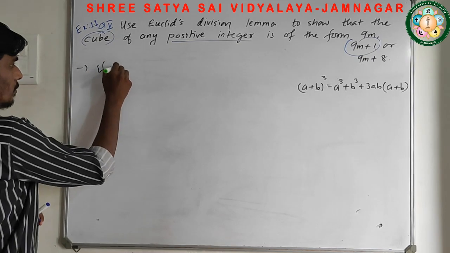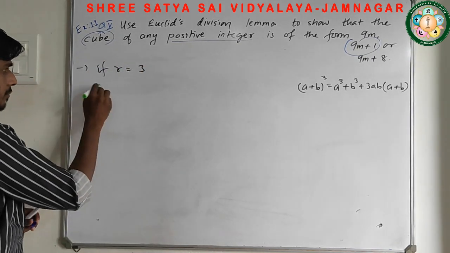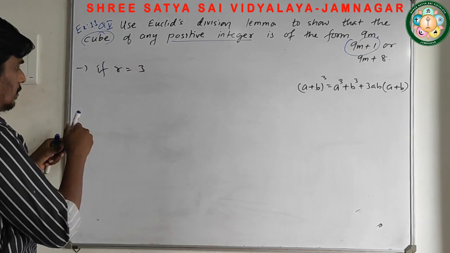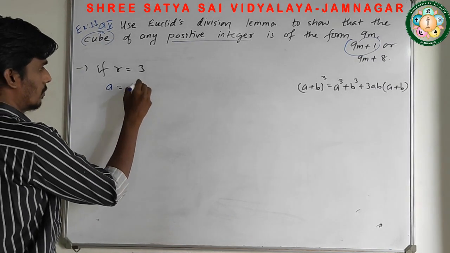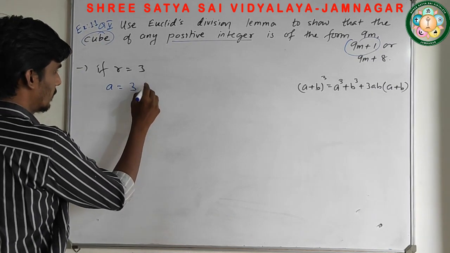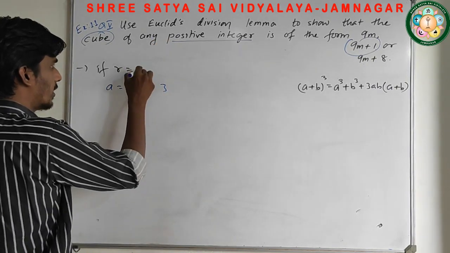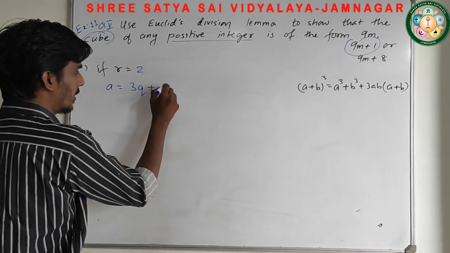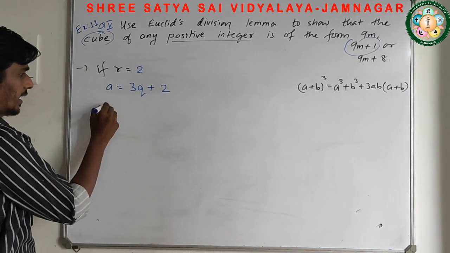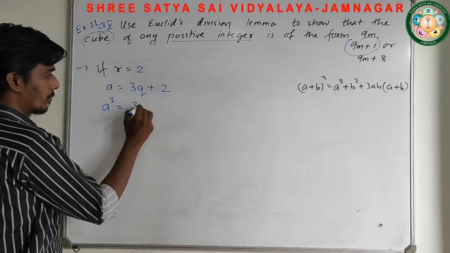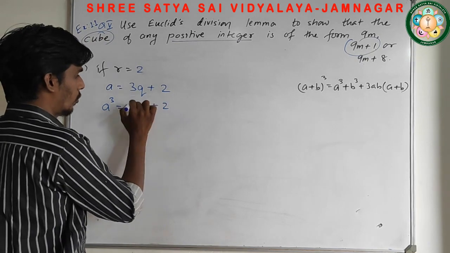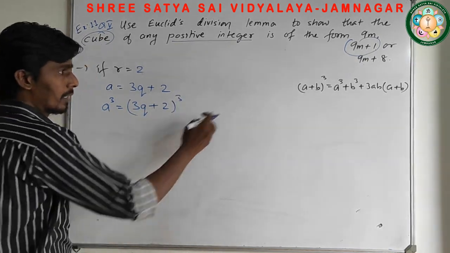Now if r equals to 3, sorry, r equals to 2, not 3. Divisor is 3, remainder is less than 3, so it's 2. Cubing both the sides, it's a cube equals (3q plus 2) whole cube.